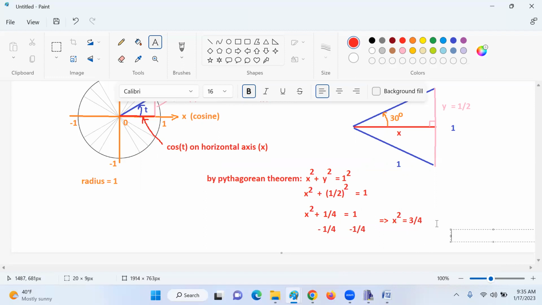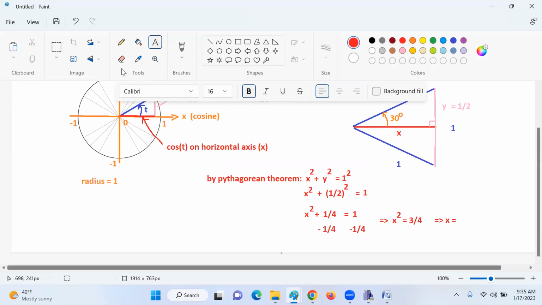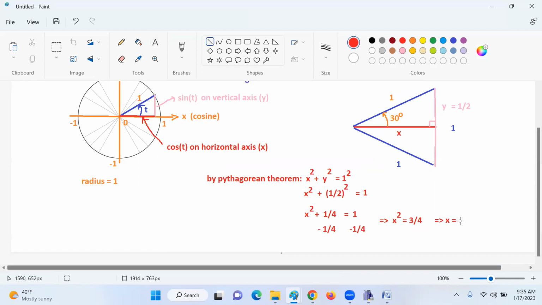And then we take the square root of this. Remember that the side length is positive. So we need to write it as the square root of 3 over the square root of 4, and the square root of 4 is equal to 2. So the final answer should be radical 3 over 2.